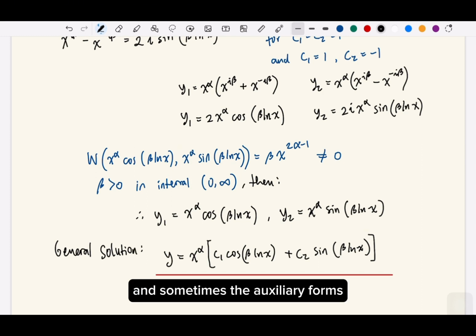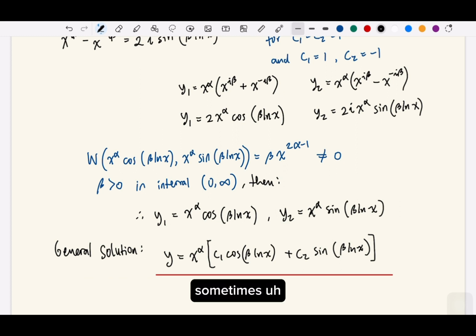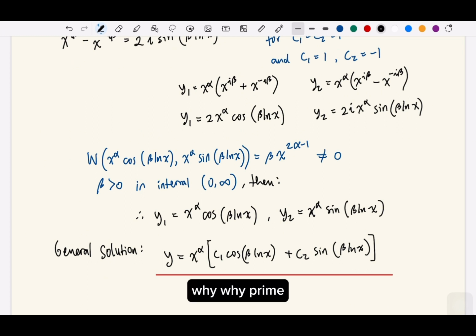And sometimes the auxiliary form, the a m squared plus (b minus a) m plus the constant, sometimes doesn't work. So I think it's best to start from scratch, which means you start by substituting y prime and y double prime one by one.